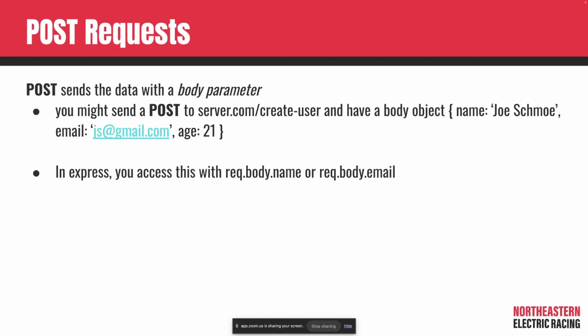It's a very readable way for humans to understand what is inside of a certain body or variable, because you can see the name is Joe Smo, the email is js@gmail.com, and you can have an age 21. And then in Express, you access the body with req.body and then whatever value you are trying to retrieve from the body.